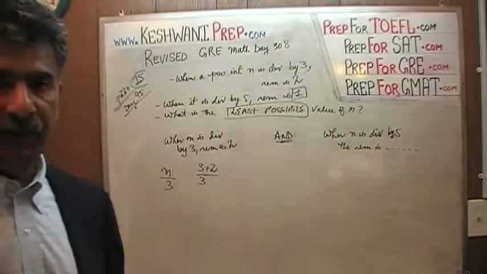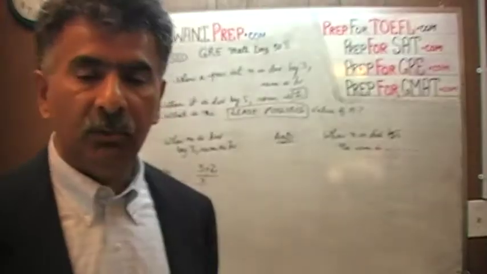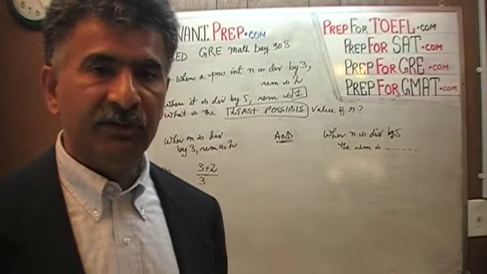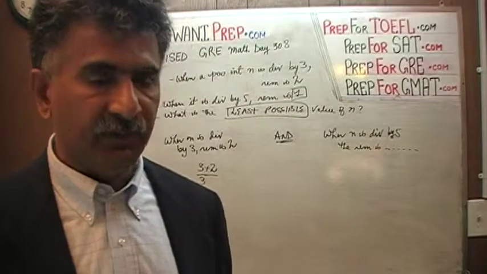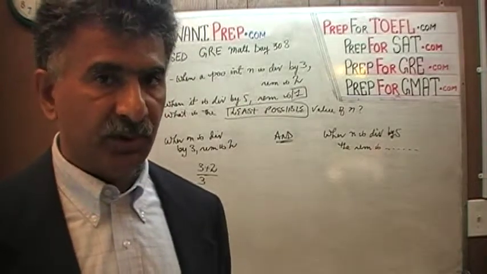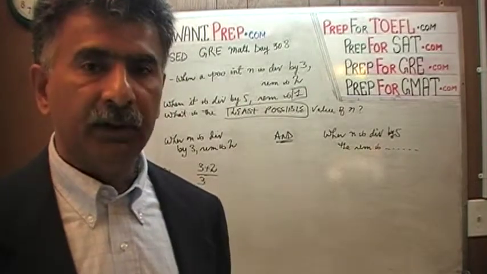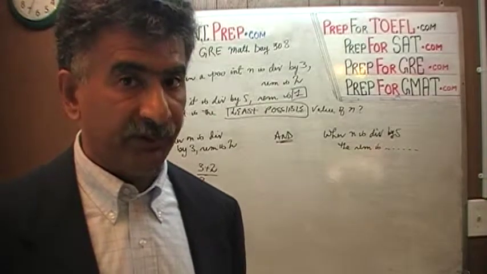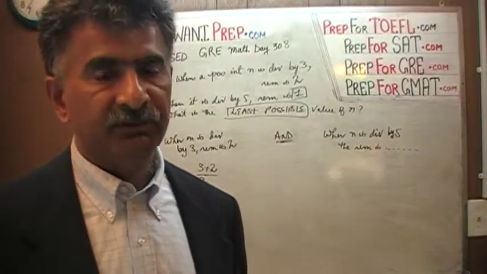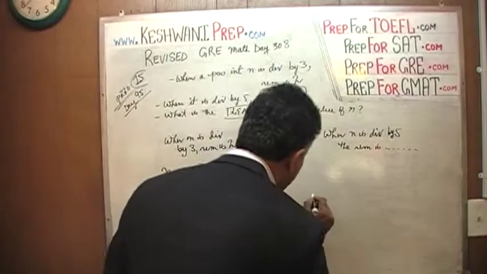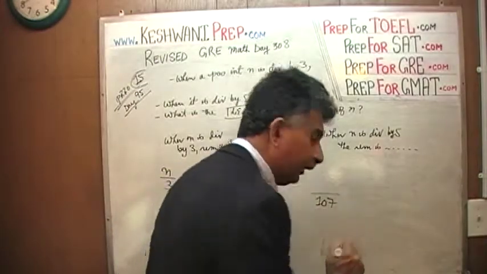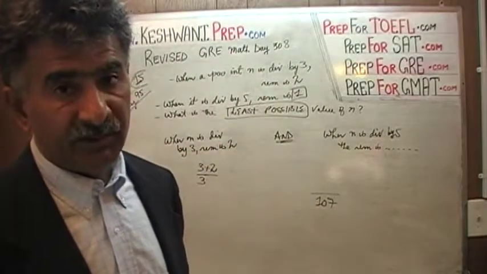For example, if somebody asks you, what's the least possible positive number so that when you divide it by 107, the remainder is 3? The answer is very simple.